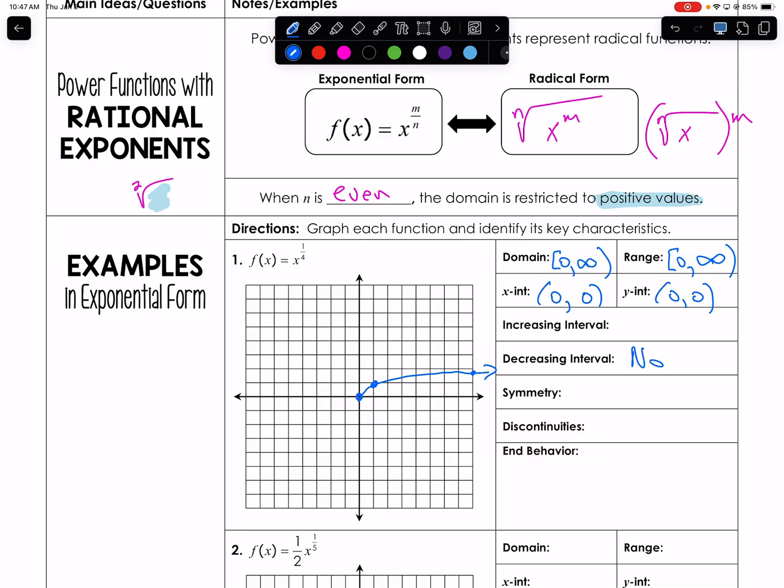How is it increasing? So intervals is x values, because people are getting confused by that. And I write it going vertically because then it sticks out in my head and then I won't screw it up. So x values for intervals. So where do the x values, on the increasing part, start? They start at 0.